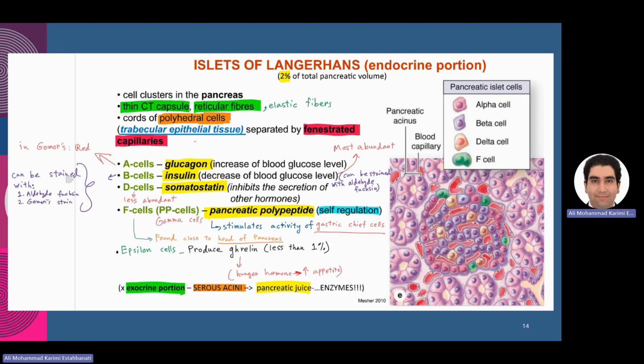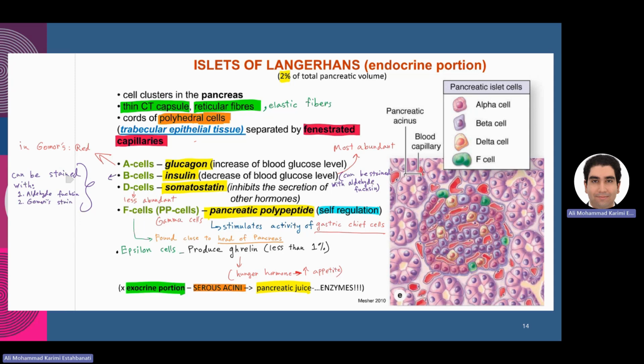On the other hand, we will have delta cells, which are less abundant, and they produce somatostatin. Again, guys, don't forget that the somatostatin in the pancreas is not the same as the somatostatin produced by the hypothalamus. They're totally different secretions. However, they both inhibit the secretion of other hormones in that area. Okay?